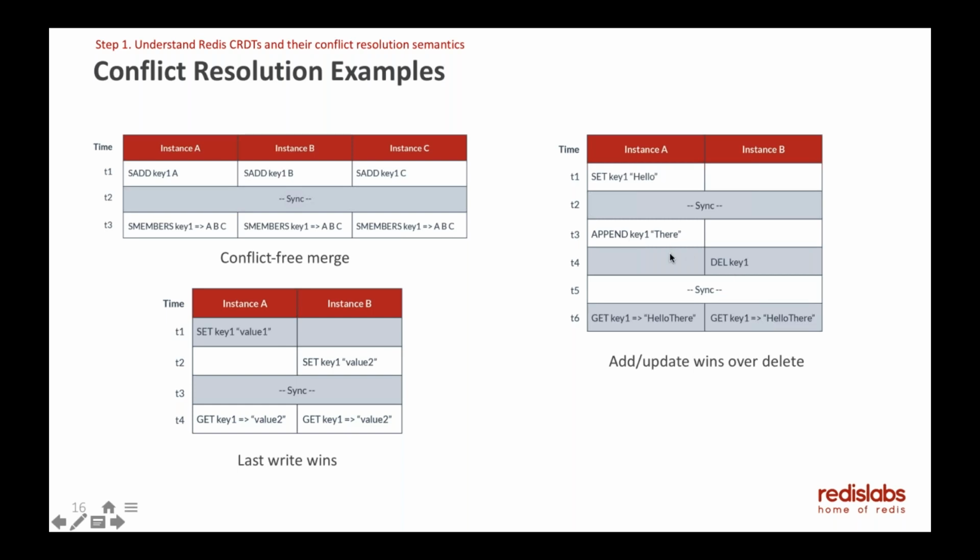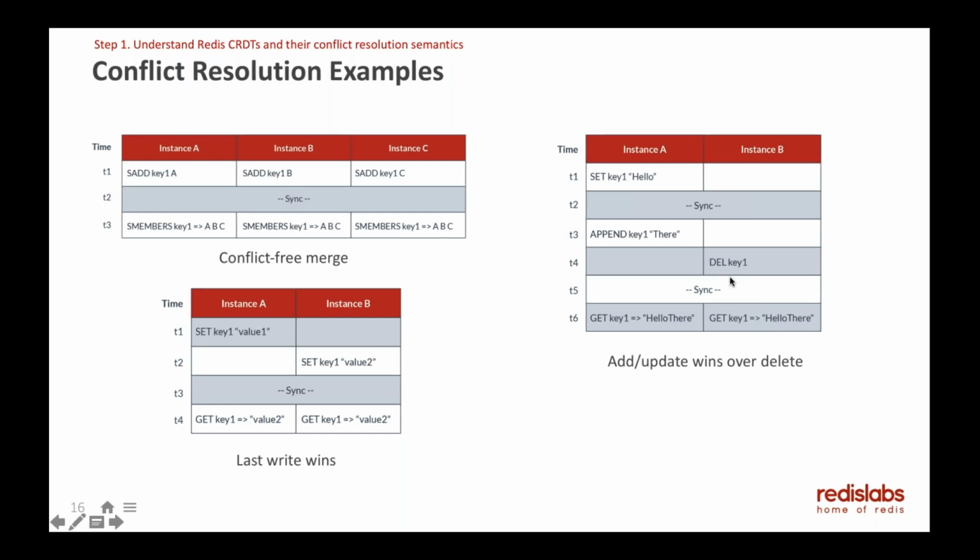But around the same time, before the sync happens, there is a delete happening at instance B. Now, Redis Enterprise must make a decision on whether to run the append command or whether to run the delete command. Because of the rule add or update wins over delete, Redis Enterprise makes a decision that append wins over delete, and it will keep the value hello there, and it will ignore the delete command.